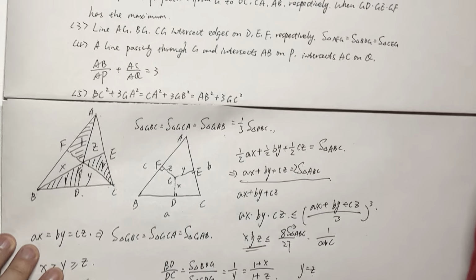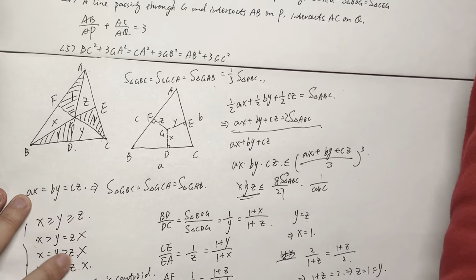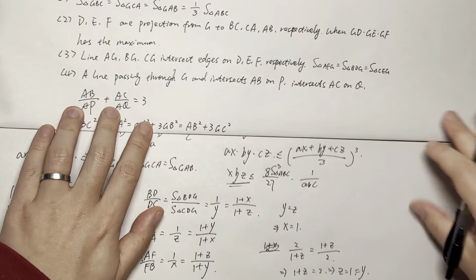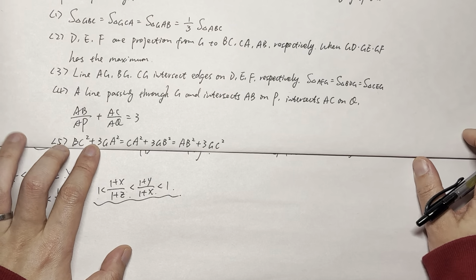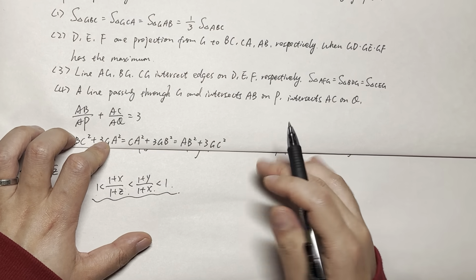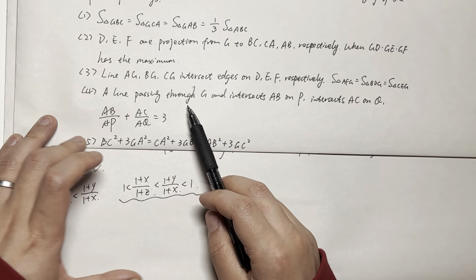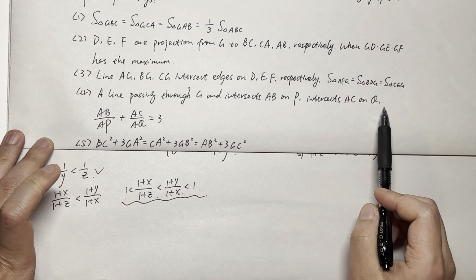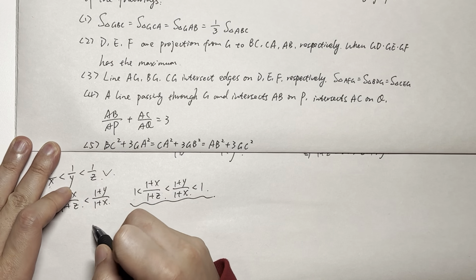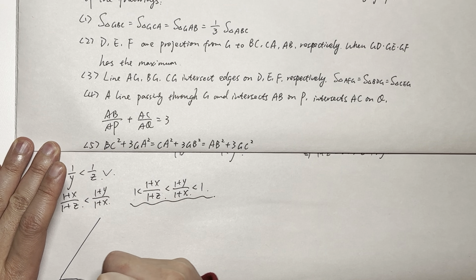Okay, let's see next. A line passing through G intersects AB on P and intersects AC on Q. So let's just draw it here.